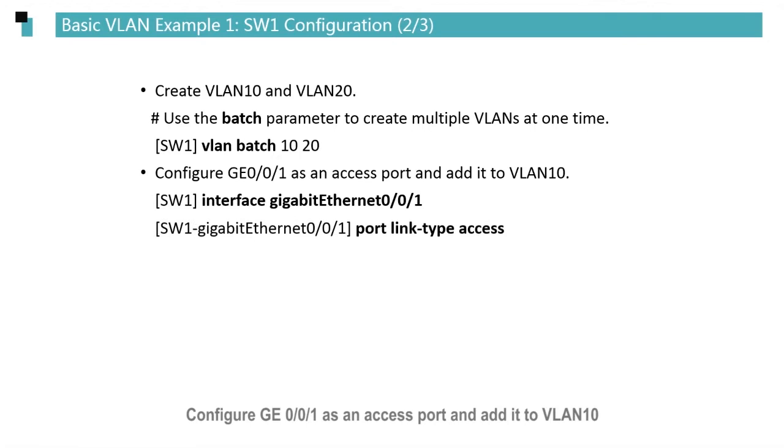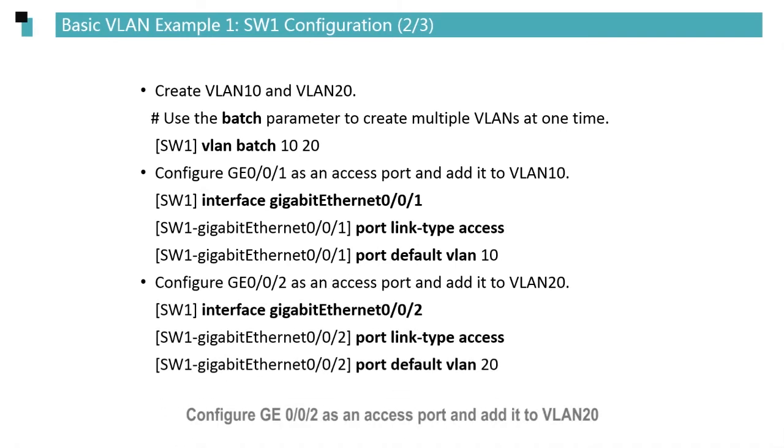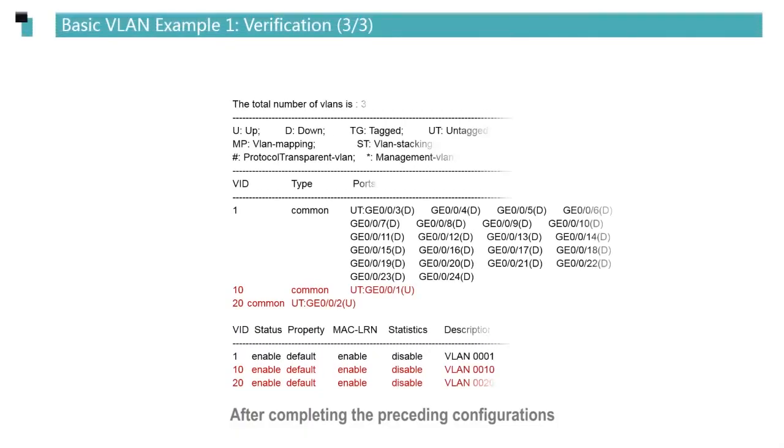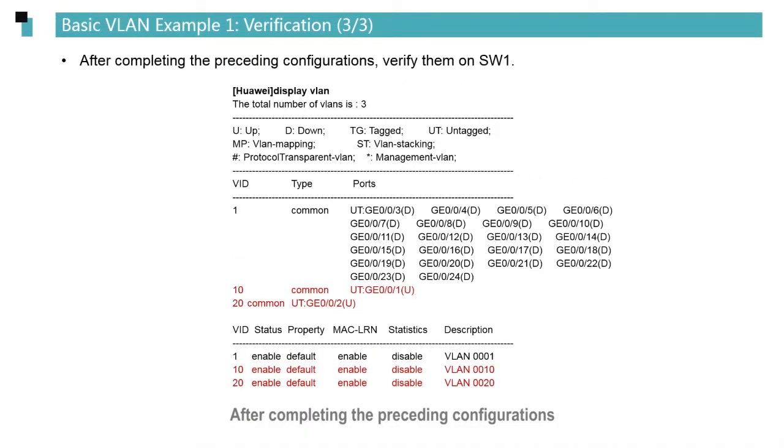Configure GE0/0/1 as an access port and add it to VLAN 10. Configure GE0/0/2 as an access port and add it to VLAN 20. After completing the preceding configurations, run the display vlan command on SW1 to view VLAN information.